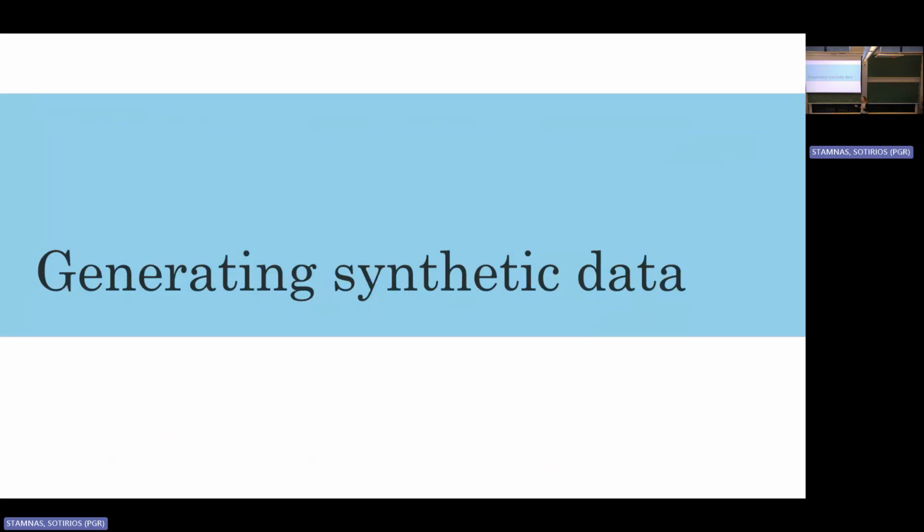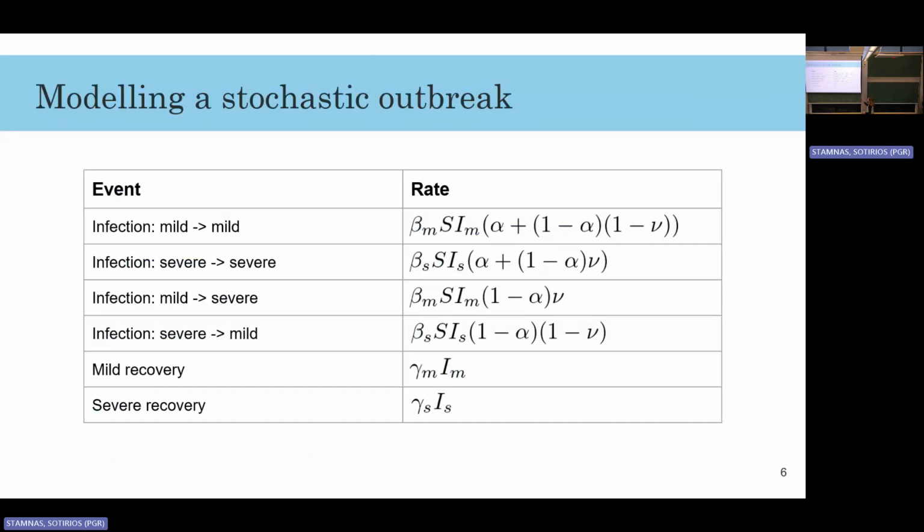From this model of symptom severity, we need to first generate our synthetic data before we can do any inference. We have these various rates for the various events that can happen in our system. We've got 4 different possible infection events, corresponding to the 4 different possible combinations of primary case and secondary case severity.